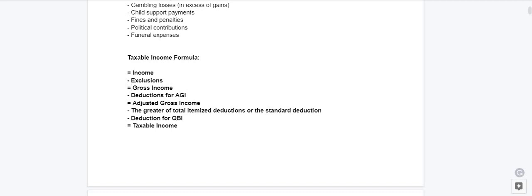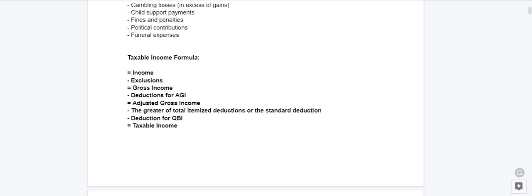An example of an exclusion is gift money. If your parents give you $10,000 as a gift, this is an exclusion because the IRS says that this is not taxable. So if your total income is $80,000, in which $70,000 of it is from your work as an accountant, let's say that's your job, and $10,000 is from a gift from your parents, then yes, your total income is $80,000.